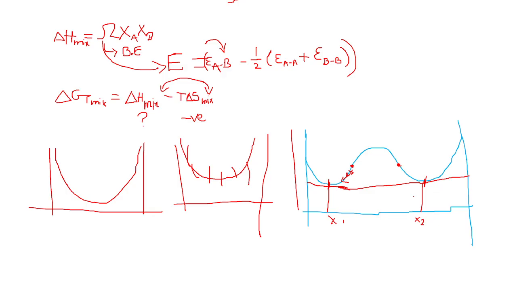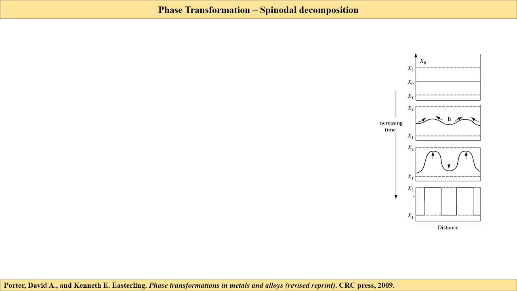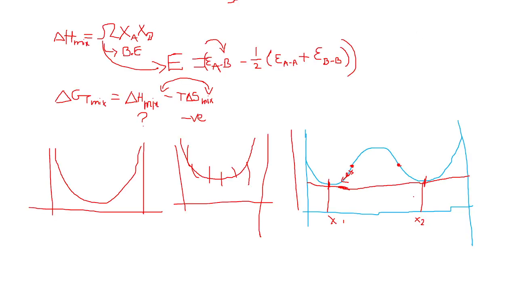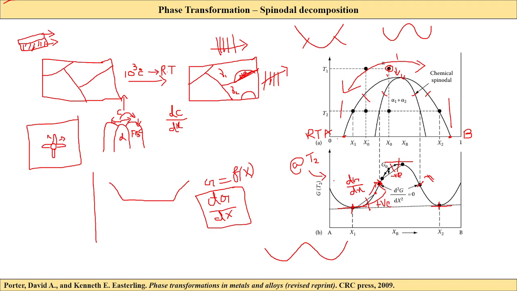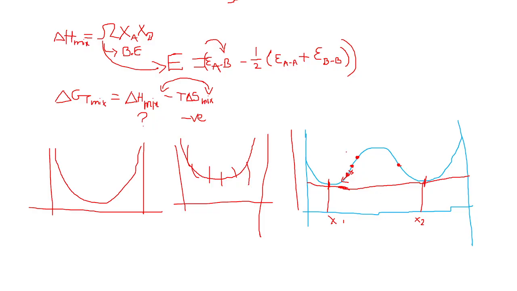Now, moving on to the spinodal composition. When my composition is at here. Now, what happens if my composition is at here? So here I have said before, here the dG by dx change is positive. That means the double derivative, I will just write the double derivative like this. Right.